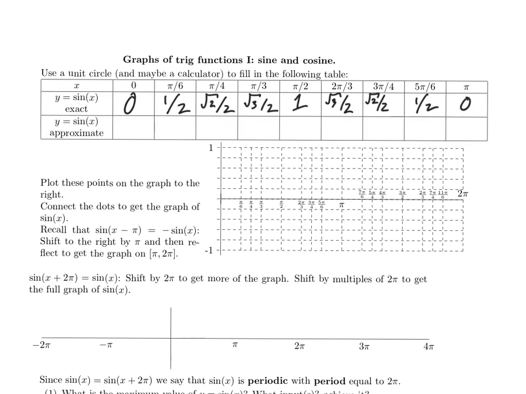So I want to graph these, so to do that I'll need some decimal approximations. 0 is 0, 1/2 is 0.5, 1 is 1, 1/2 is again 0.5, 0 is 0. By using a computer tool, I won't do that here, but by doing so we see that the square root of 2 over 2 is approximately 0.7.